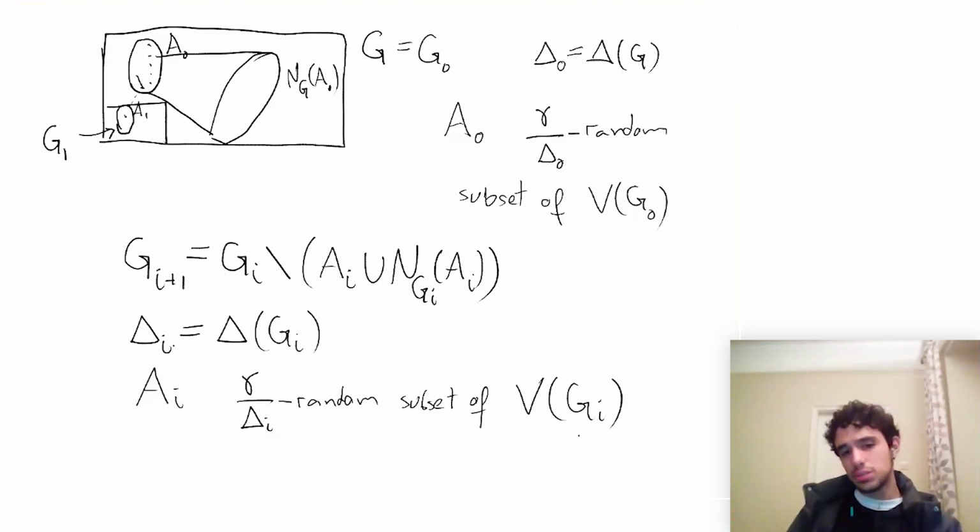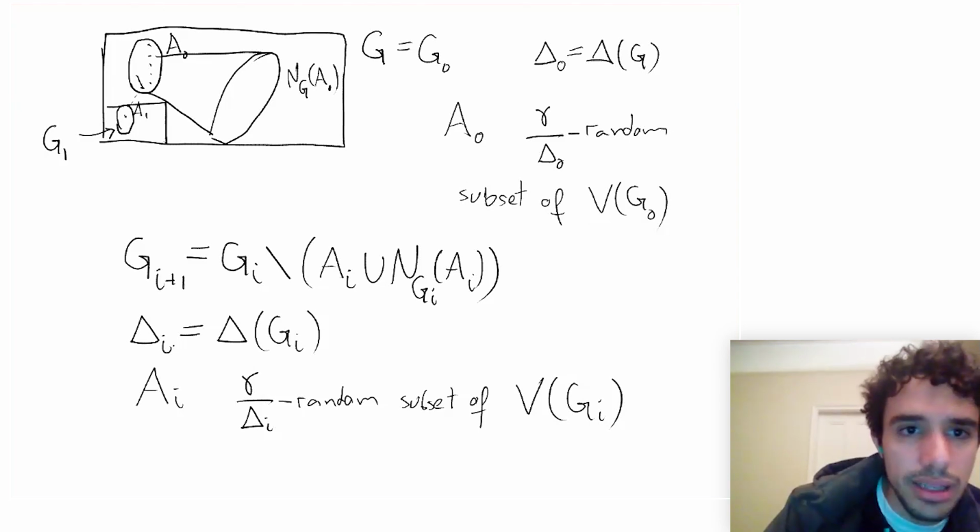In the end, we take the union of all the A_i to be our final independent set. So we need to show that all the A_i have a good lower bound on their size, and we also need a good lower bound on how long we run this process for.